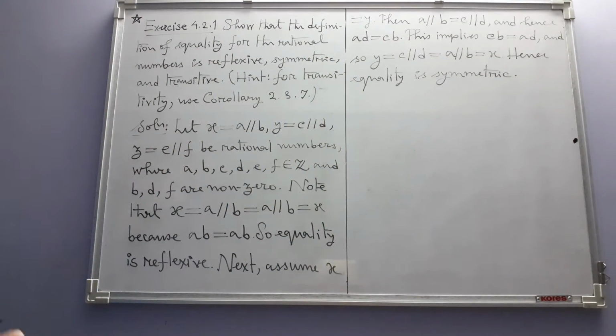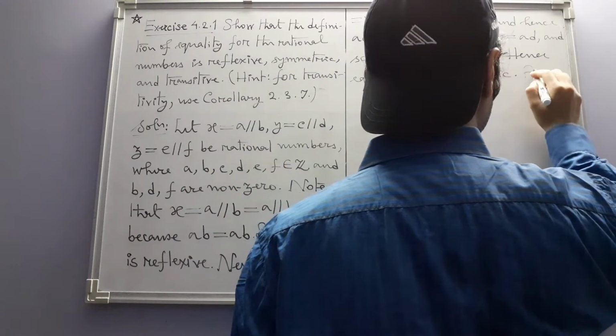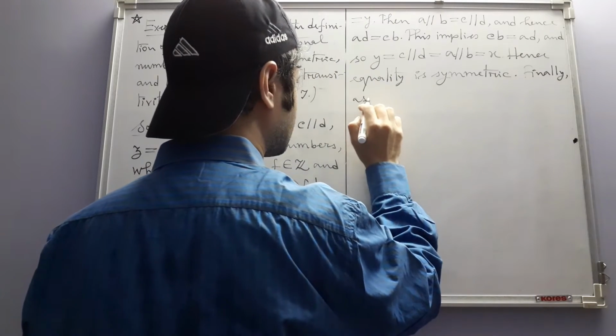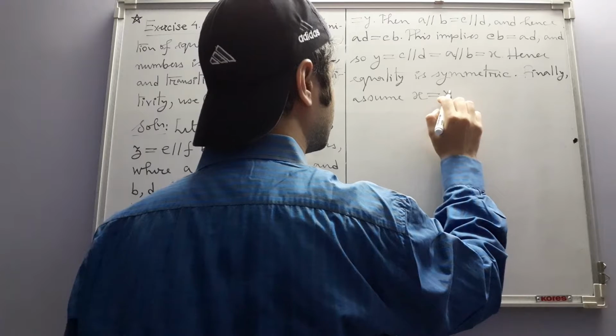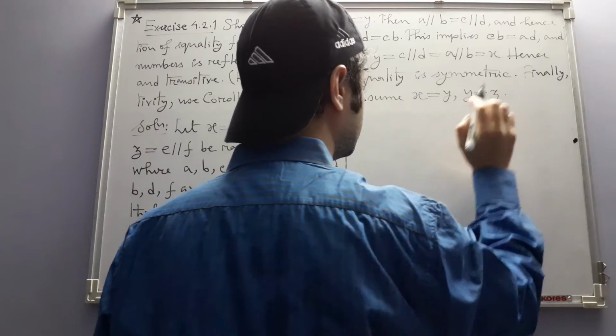Next, we have to prove transitivity. Finally, assume that x is equal to y and y is equal to z.